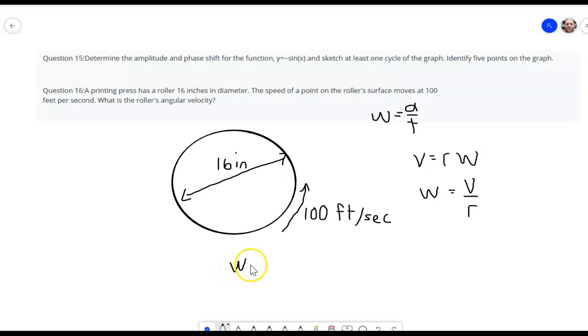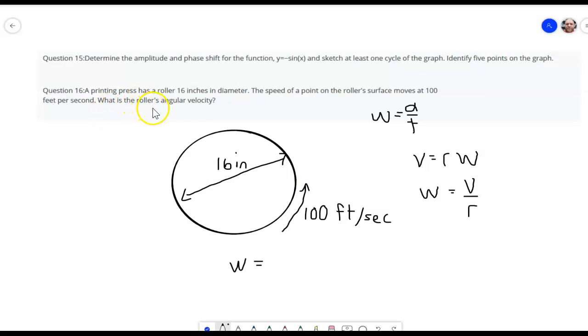So in this case, this is how we're going to solve it. Our angular velocity is going to be our linear velocity, and that is our speed, 100 feet per second. But notice that this is in feet and this is inches, and we're going to need to get those in the same units.